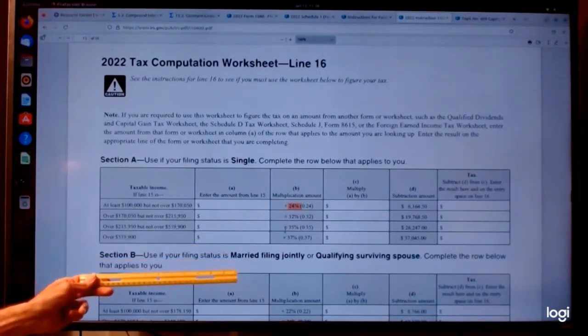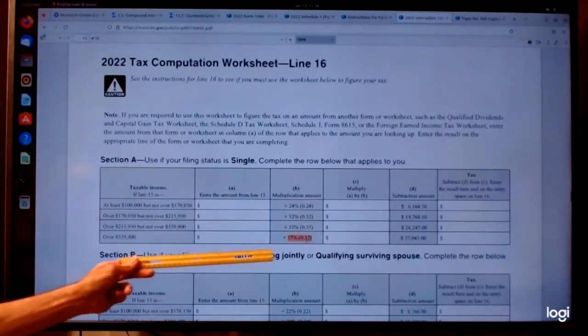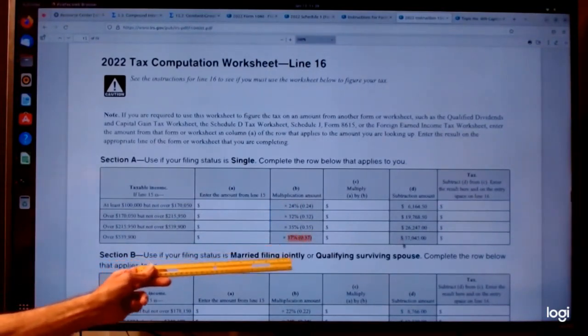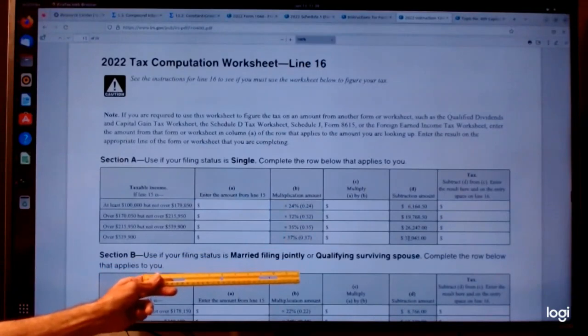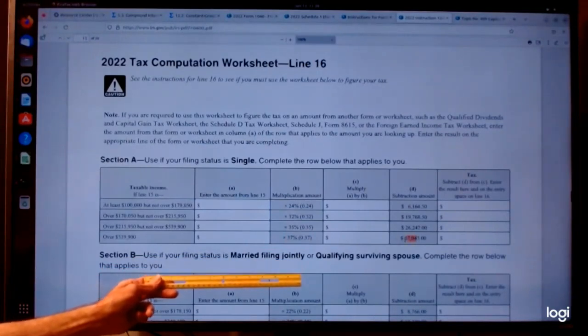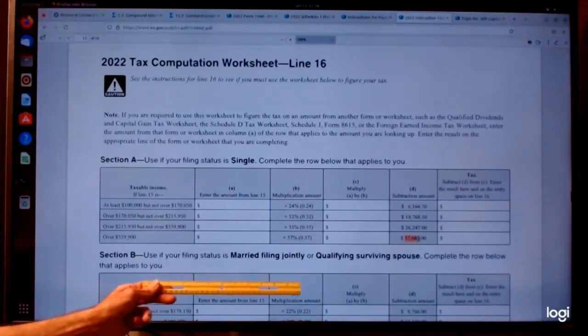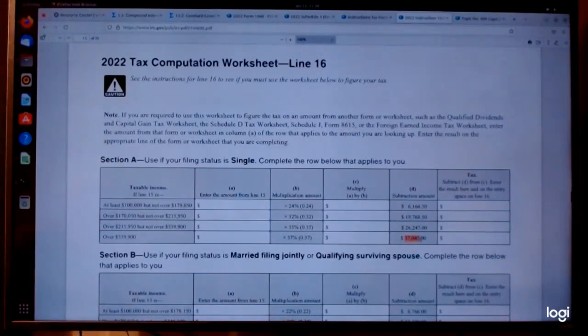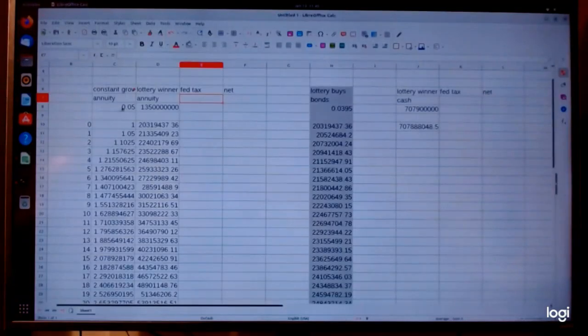Now let's look at our tax rate for the $1 billion. It's 37%. And we need to subtract off 37,045. So let's copy that and go to our spreadsheet. That was 37%.